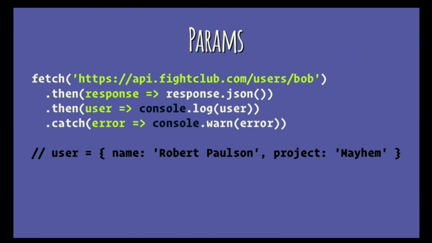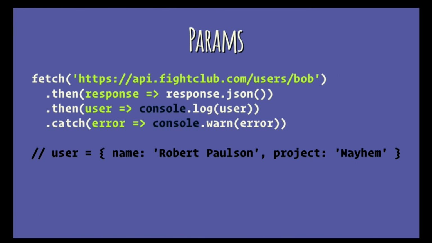But since fetch returns a promise that has a method on it called then, we can pass callback functions to it that will not execute until it finishes. So it'll do the fetch in the background, and only after it finishes will it call whatever callback we passed into then. So in this case, we do something with the response. We parse some JSON from it, and then we think it returns us some user data, so we just log that to check it out.